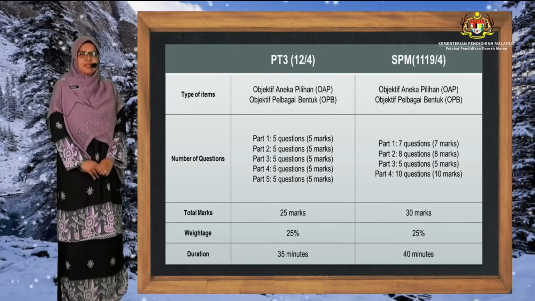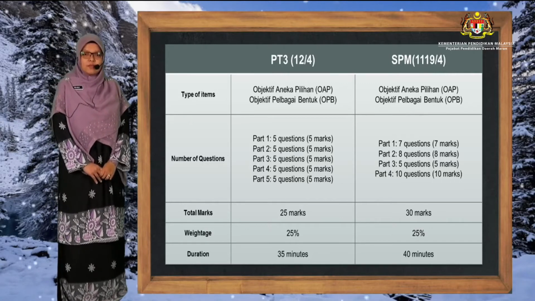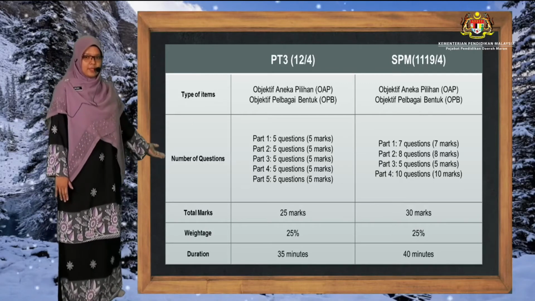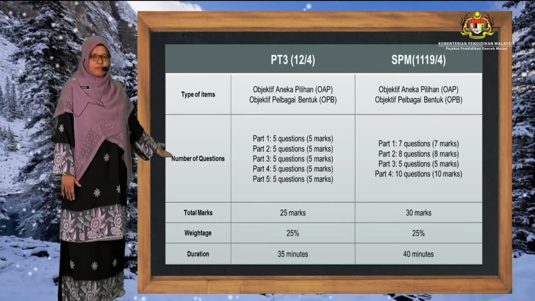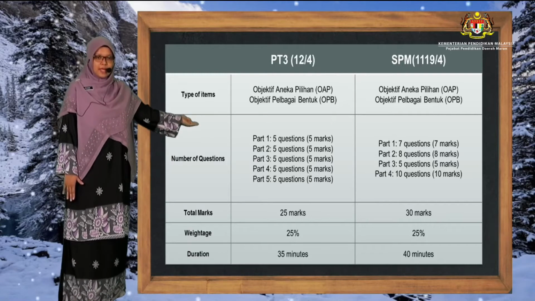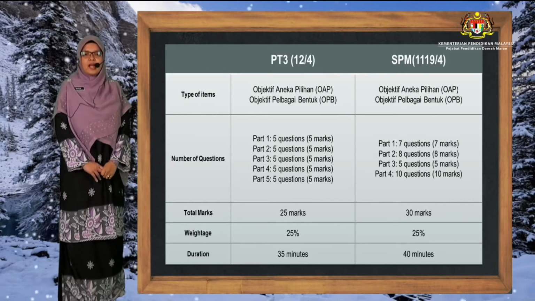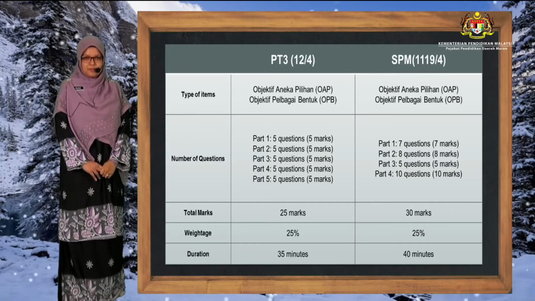In terms of the weightage, you can look at the table here: 25% from 25 marks for PT3, but for SPM, 25% out of 30 marks.